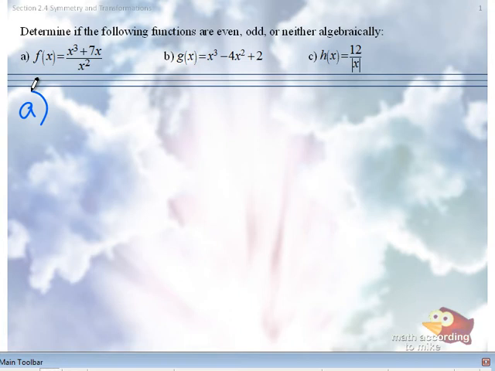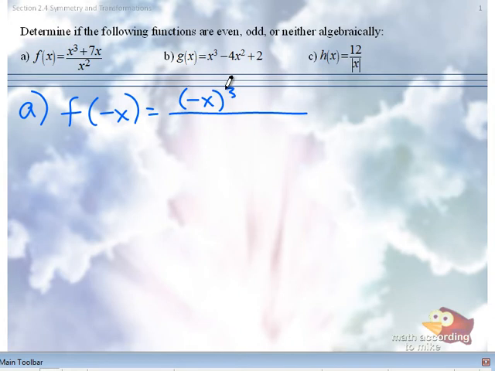All right, again, silence means yes. So, step one, instead of the x's, we're going to put in negative x. Note the use of parentheses.